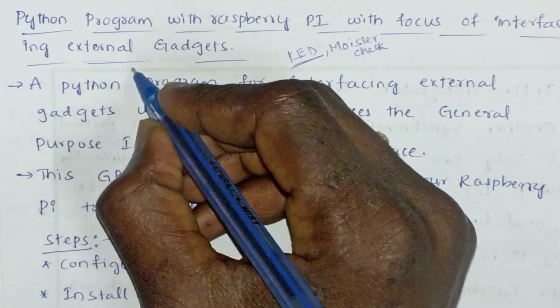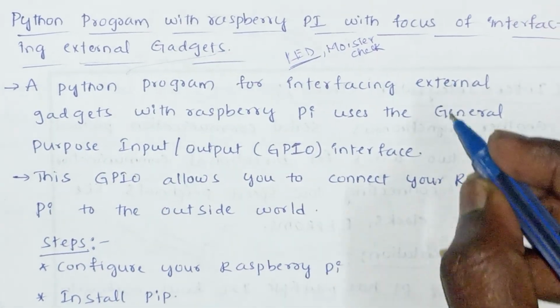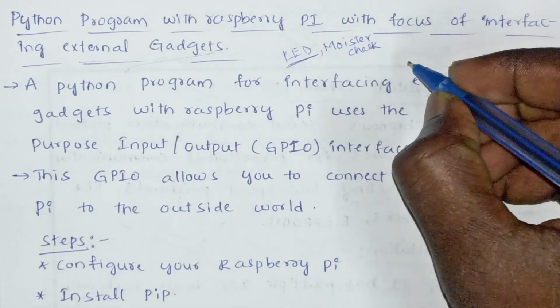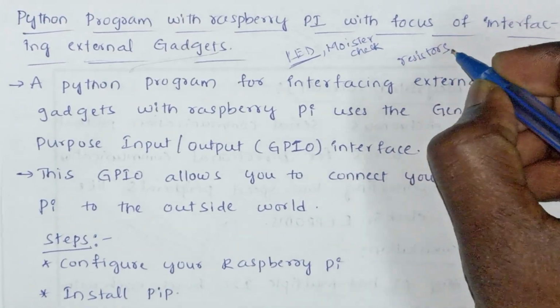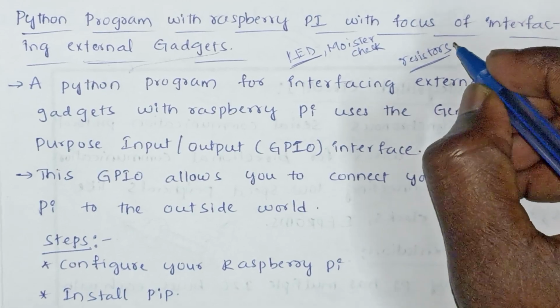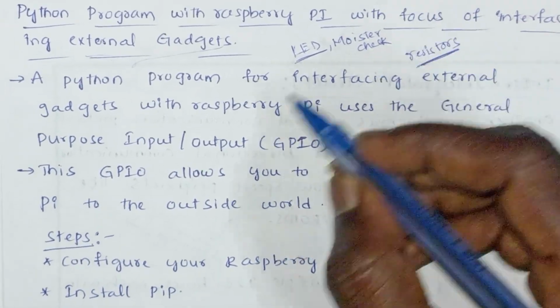These are nothing but external gadgets. And here we have one more thing, pull up or pull down resistors. By using Raspberry Pi we can pull up and pull down the resistors. We'll discuss all of these.